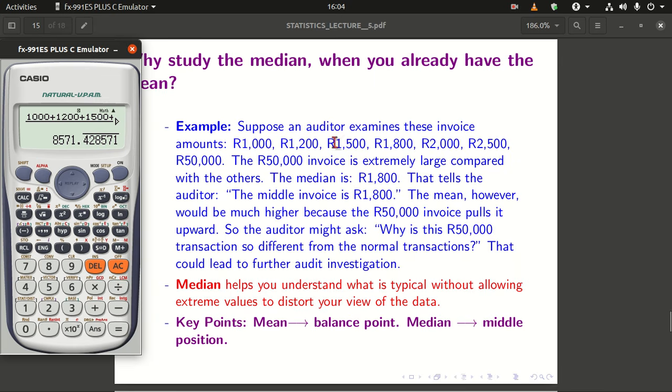No. 1,500? No. 1,800? No. It is far. And at the same time, it is far from 50,000. Comparing the distance from 50,000 and 2,500, it is a little bit closer to 2,500. But it is so far from all the values of this data.